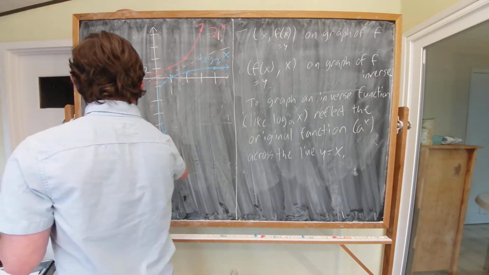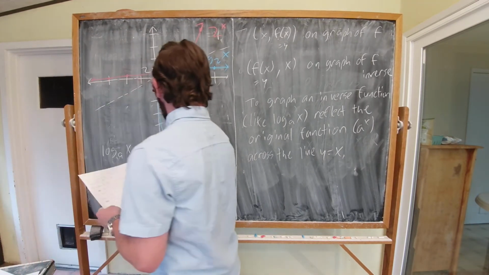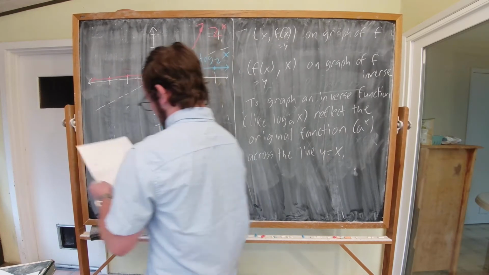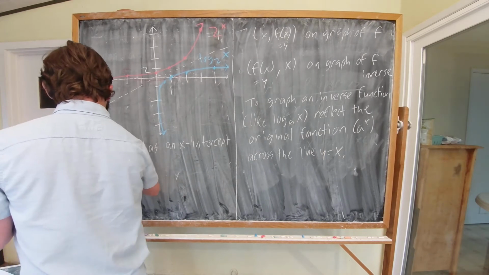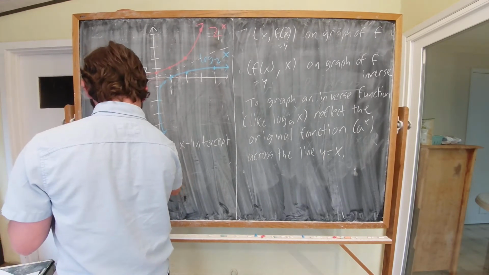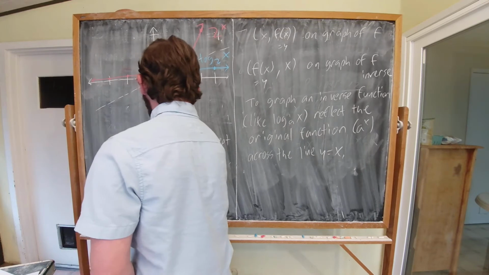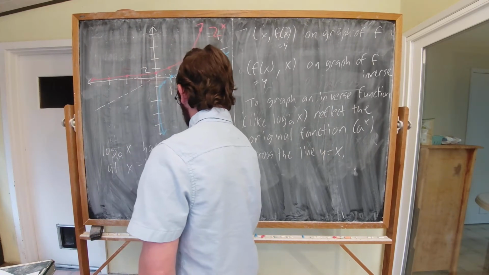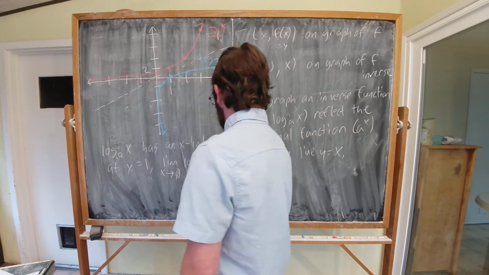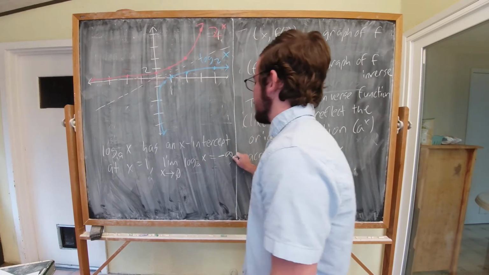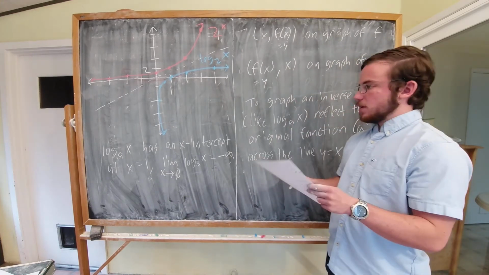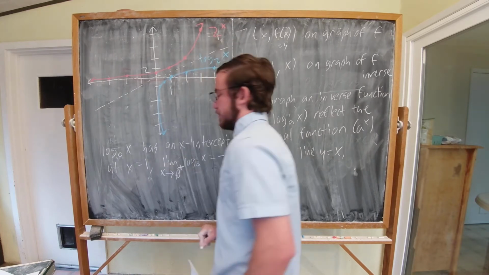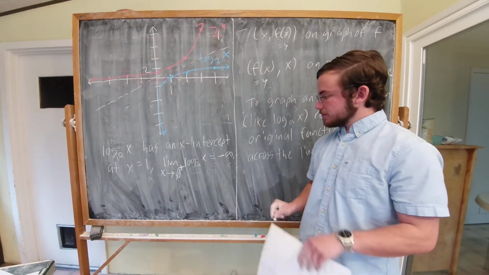Log base a of x has an x-intercept at x equals 1, and the limit as x goes to 0 of log base a of x is technically negative infinity and approaches 0 from the right side. The left side limit doesn't actually exist.